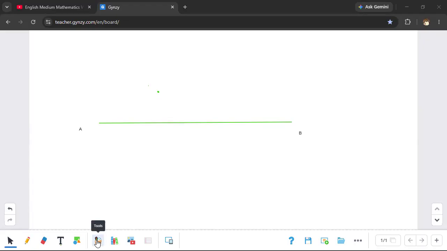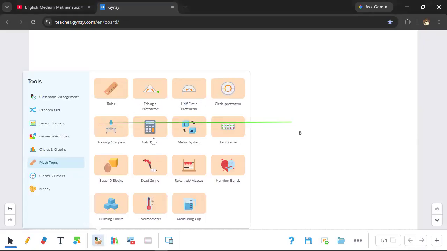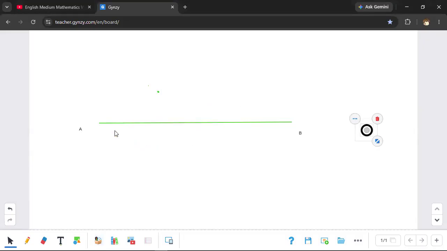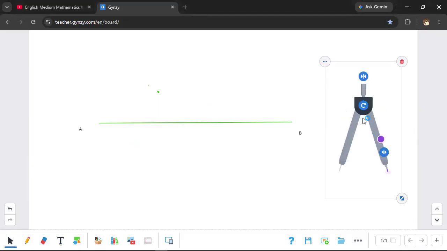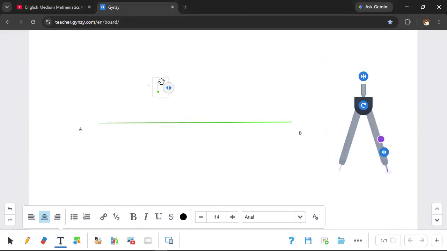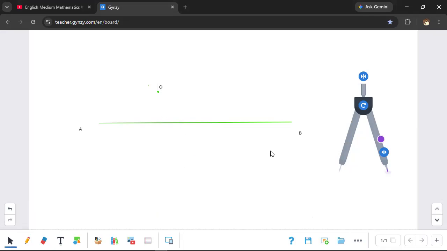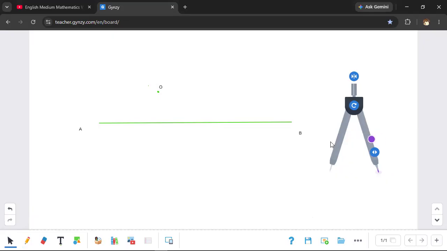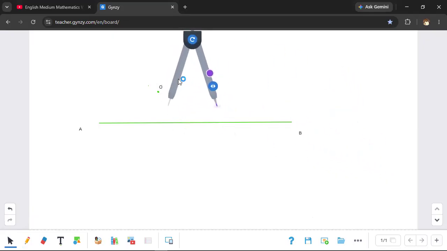First of all, you are going to take your pair of compasses. Shall I name this point as O? Point O is my external point.